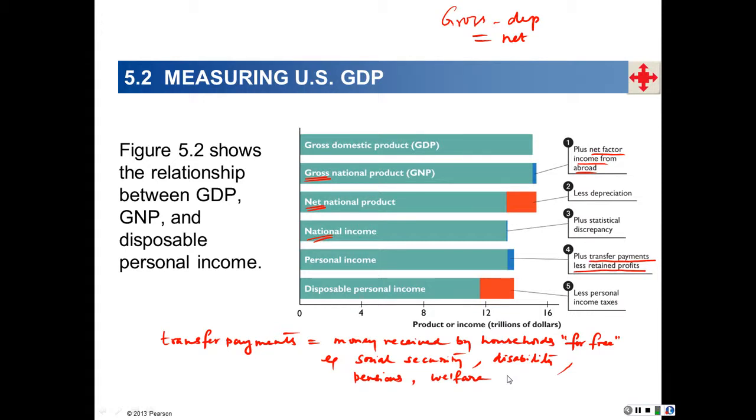Contrast that with a wage payment. If you're a household and you receive $1,000 of wages every month, is that part of this year's GDP? And the answer is yes, because the reason you were paid $1,000 is because you produced $1,000 worth of final goods and services. Is that correct?